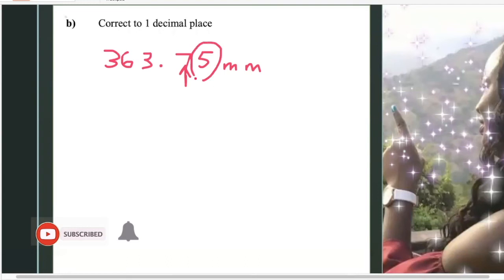It determines whether I round up or I leave it as it is. So since behind the 7 is a 5, I will round up, so that means rounding it off will be 363.8. So behind the 7 is a 5. So therefore, I am going to go ahead and add a 1 to the 7. So the answer is 363.8 millimeters.